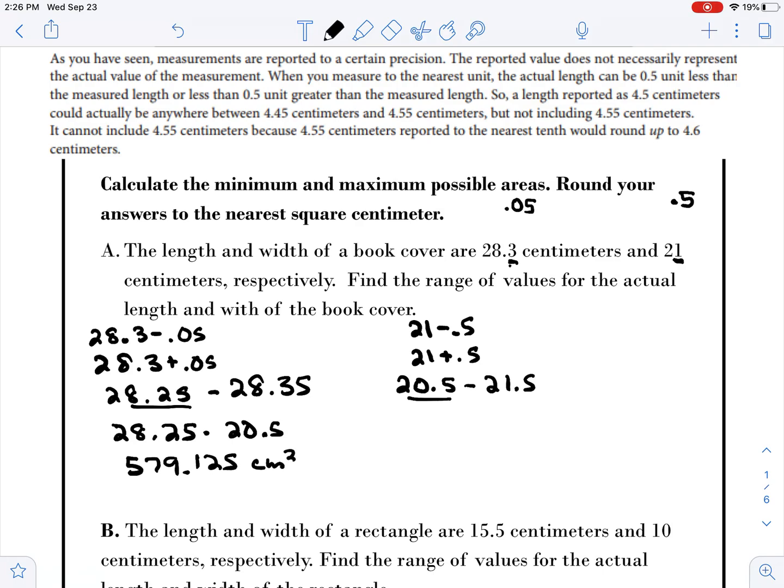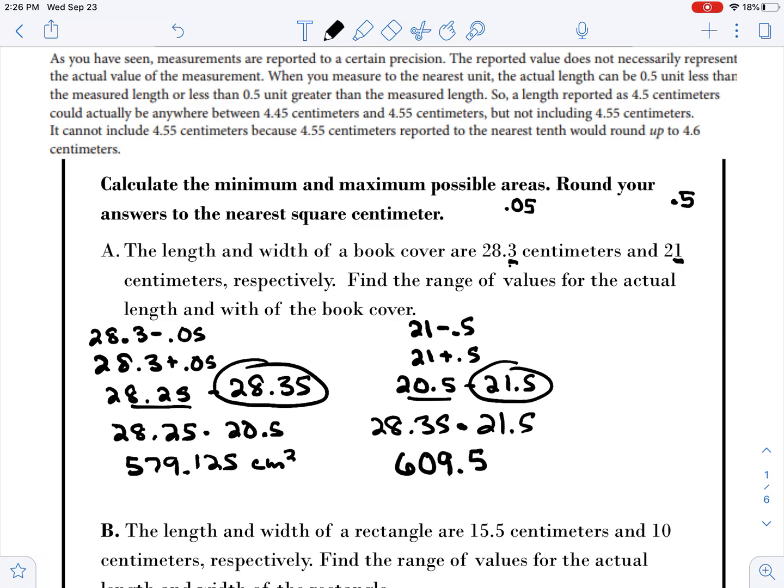To find the maximum, we take our two larger values, 28.35 times 21.5. So 28.35 times 21.5 equals 609.525 centimeters squared. So this would be the maximum area, and this would be my minimum area that I could have.